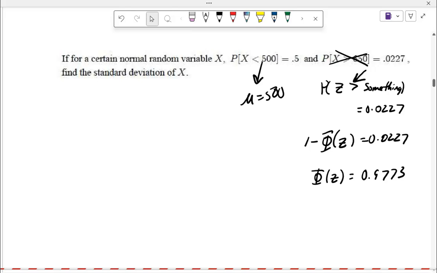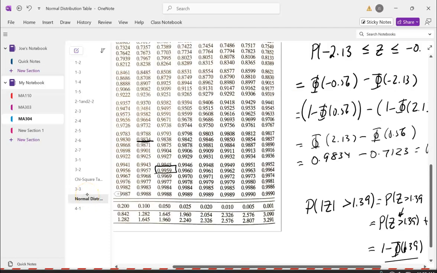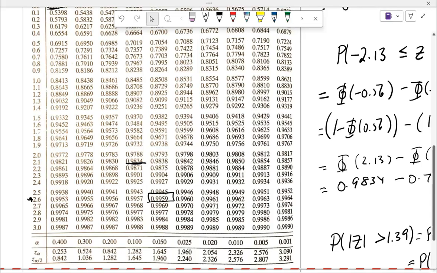Now, thoughts about how you might use the table. What might you do? Keep that number in mind, 0.9773. What might you do for the table? Find it somewhere in there, right? Well, what's close? Yeah, 0.9772. That one's close, right?